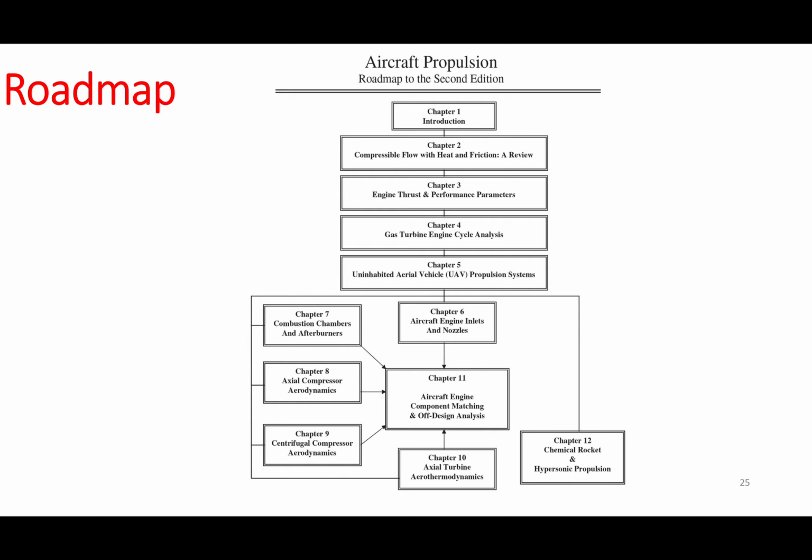So the main part of the class is going to be chapters 1 through 5. The first part of the class is going to be chapters 1 through 5, in which you are going to learn the basics of propulsion, the math behind the propulsion, essentially. Chapters 1 and 2 are completely reviews and introductions.